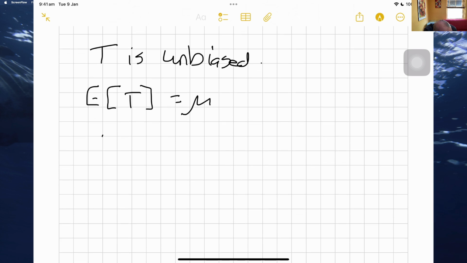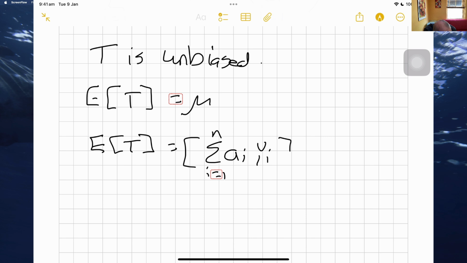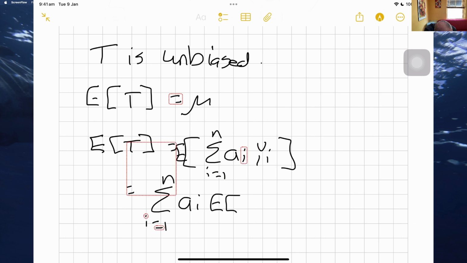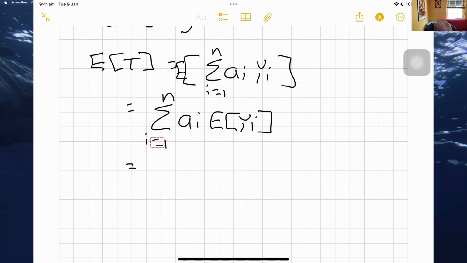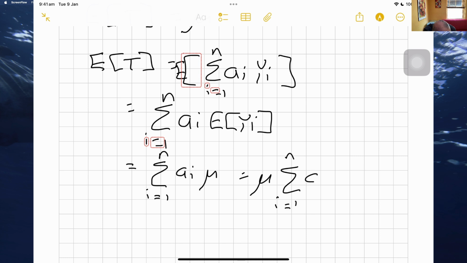Well, the expected value of t equals the expected value of the summation as i goes from 1 to n of ai yi, which equals the summation of ai times the expected value of yi, which equals the summation of ai mu, which equals mu times the summation of ai.